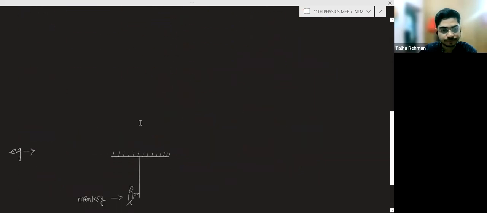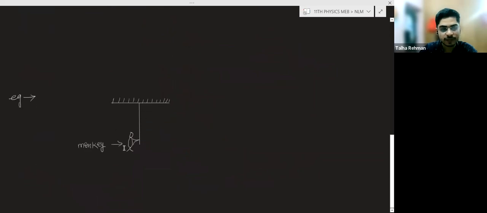For example, here is this monkey, and this monkey is climbing this rope. This is a rope, or you can say this is a string. So what will this monkey do? This monkey will apply an action force.